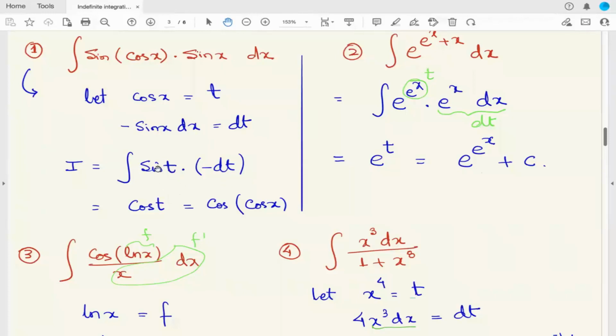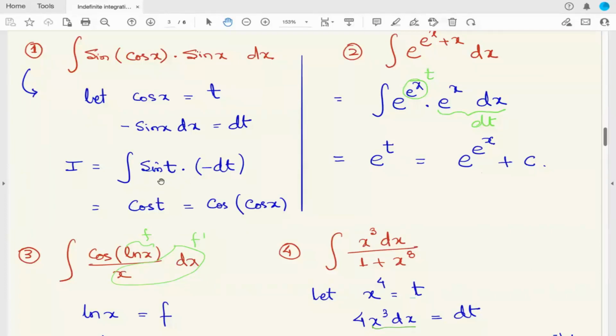And now this complex integrand is converted into a simple integration of sine t, right? And we know the integration of sine t is minus cos t.